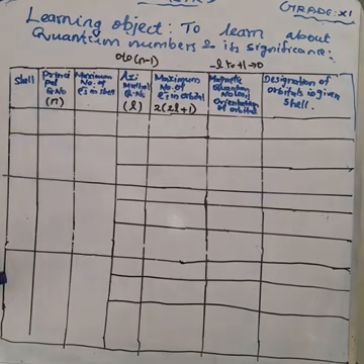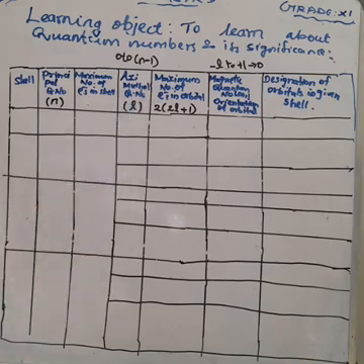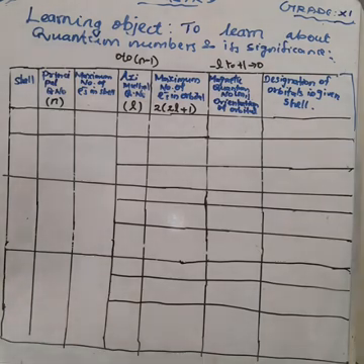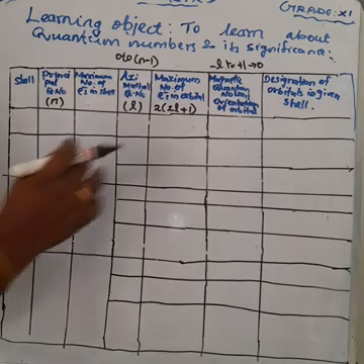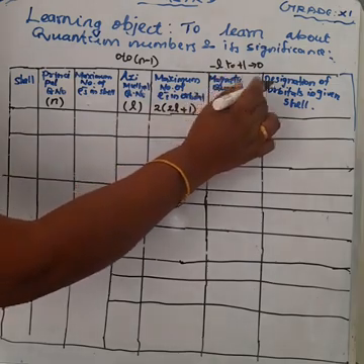The azimuthal quantum number is denoted by the symbol small l. The magnetic quantum number is denoted by the symbol m_l. The spin quantum number is denoted by m_s. Very important. The principal quantum number tells about the shells.